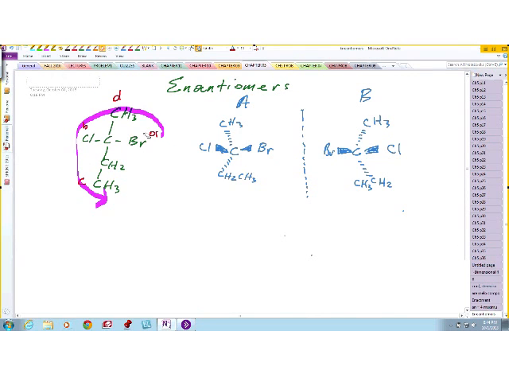Okay. So we make our motion. We go from A to B to C. Ignore group D. Now, in this case, the motion is counterclockwise.